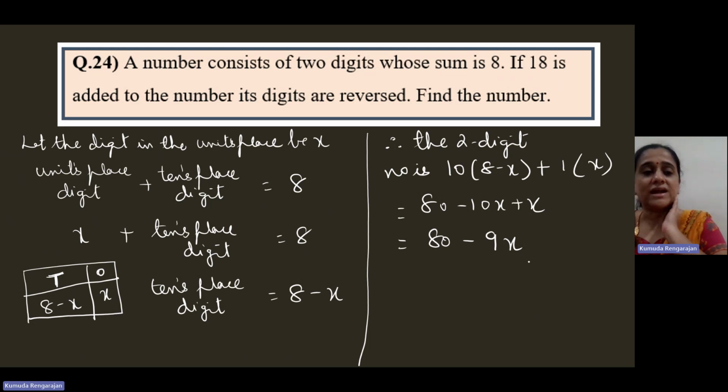Now, if 18 is added to the number, the digits are reversed. Okay, so now see the table.